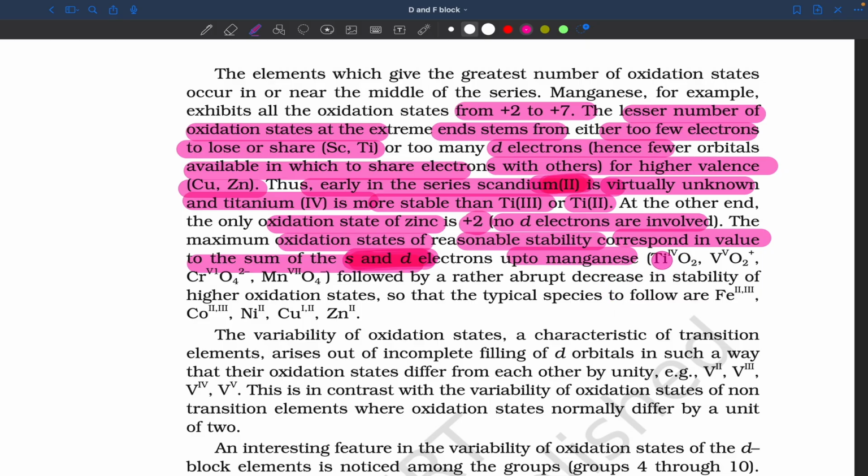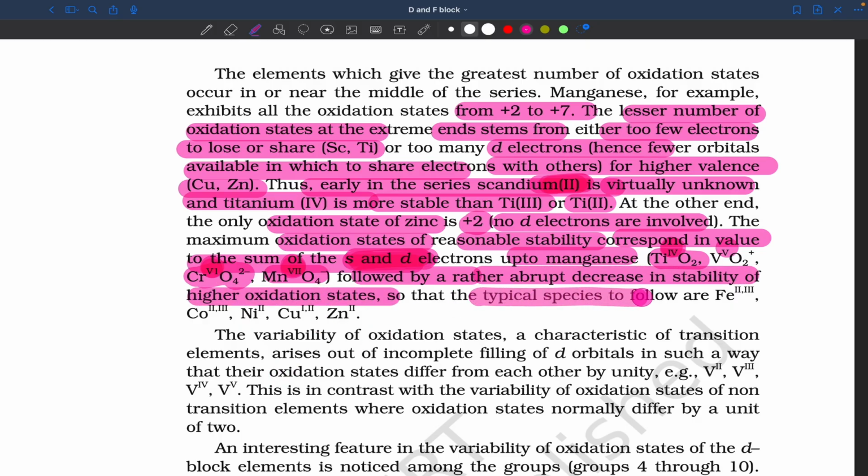So titanium +4, TiO2, where the Roman number gives the oxidation number. Vanadium dioxide, so the oxidation number is +5. CrO4 2-, chromate ion, where the oxidation number is how much? +6. MnO4 minus, the Roman number oxidation number is +7, followed by a rather abrupt decrease in stability of higher oxidation states.